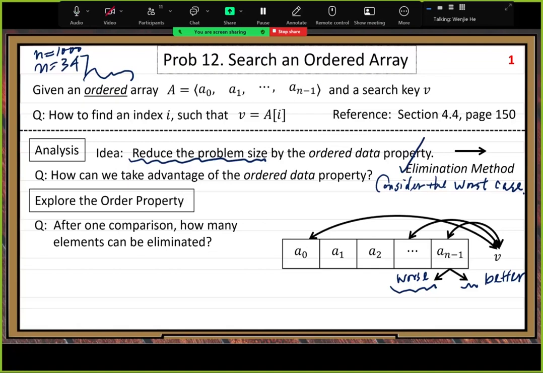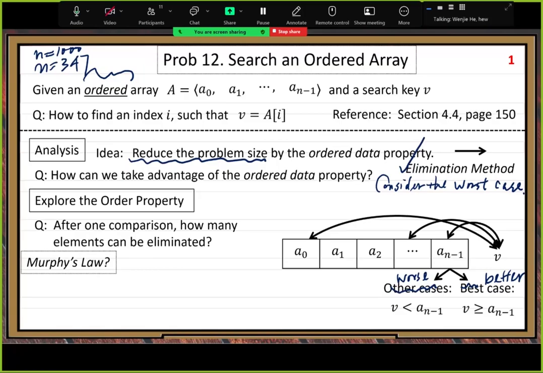Next you will see that if we compare V with the element in the middle, it will be better. Another way of understanding this is Murphy's law.